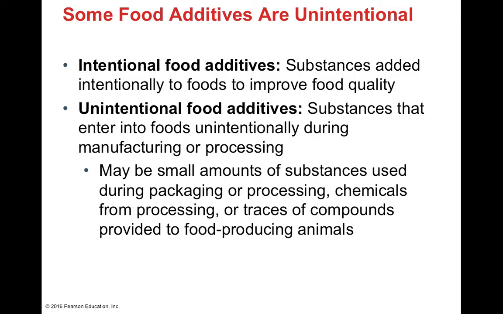Because individuals for whom small amounts of peanuts are going to cause toxicity need to know that small amounts of substances used during the processing or packaging of other foods at that same plant, or other chemicals from the processing, or traces of compounds can also be found in those food products.